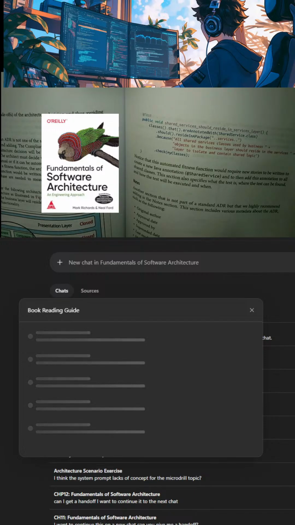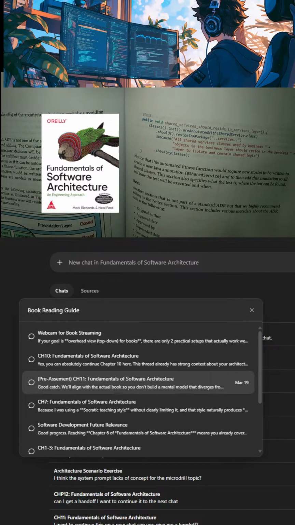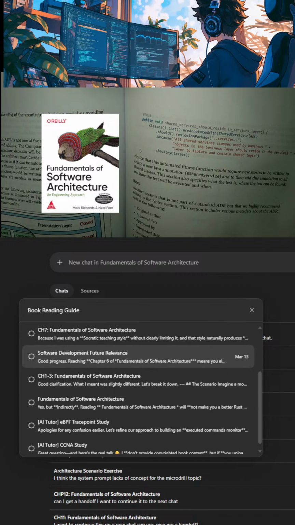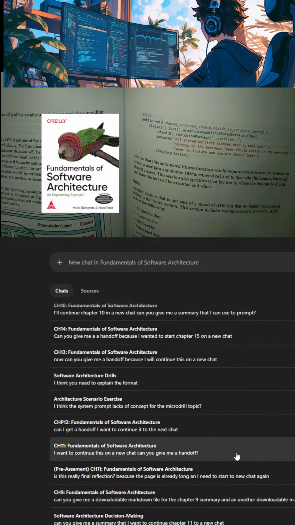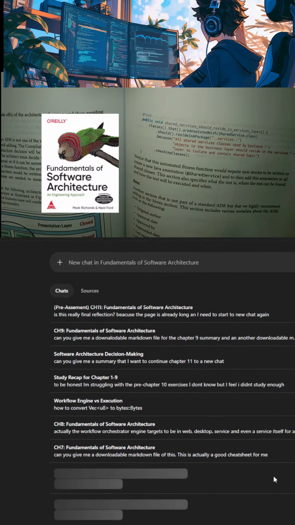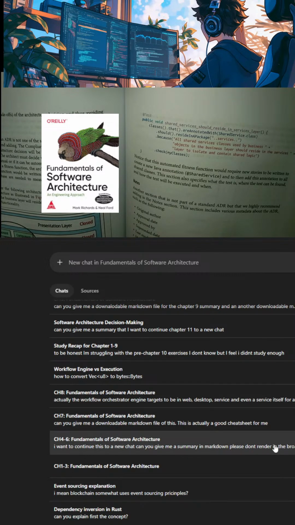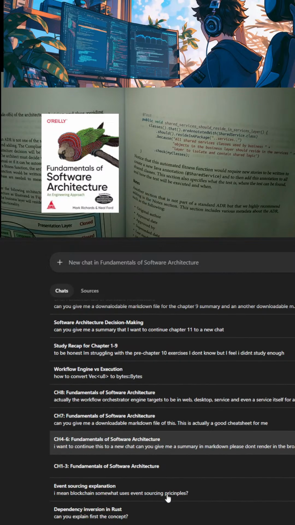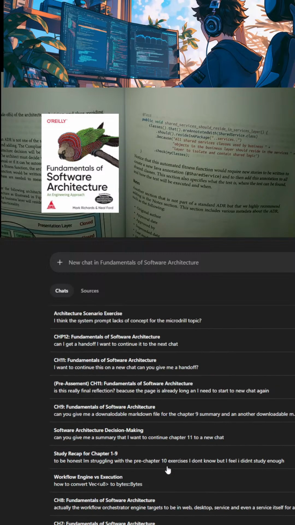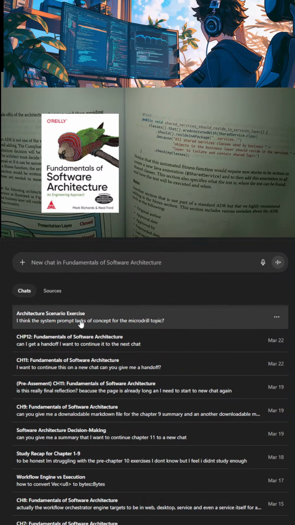Baka sa Gemini ko ginawa yung plan ko na yan. Yeah, I think I put that in Gemini. Workflow engine. Ah, yeah, it's in Gemini.